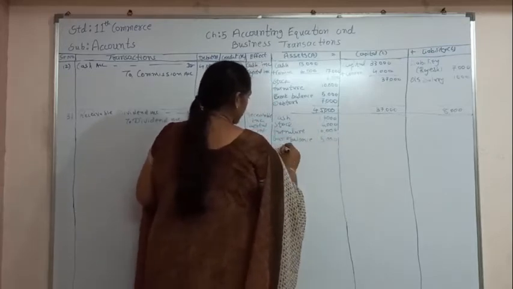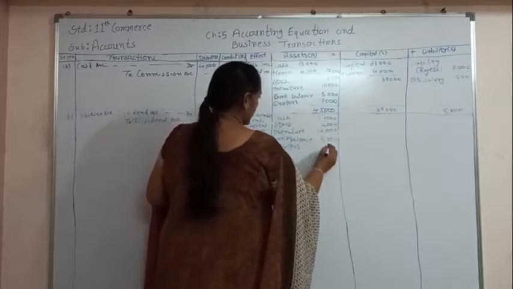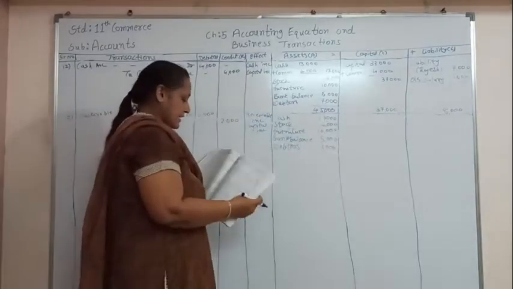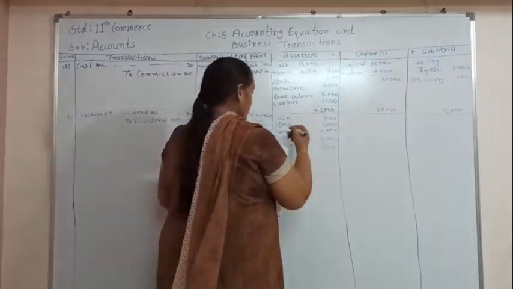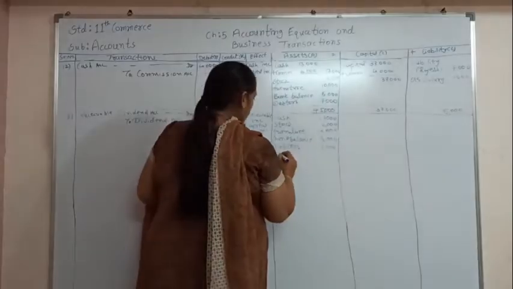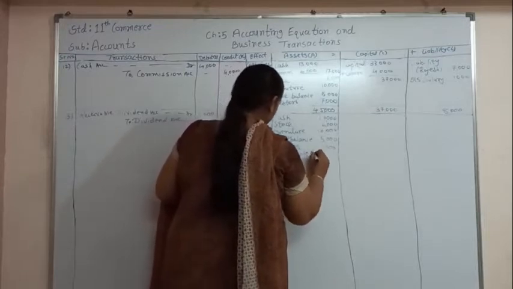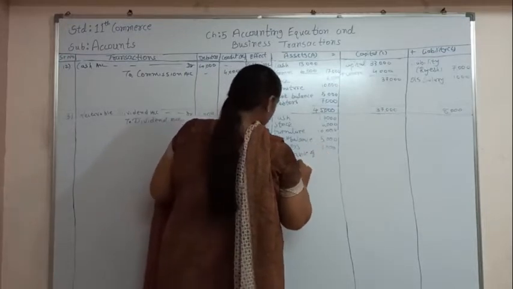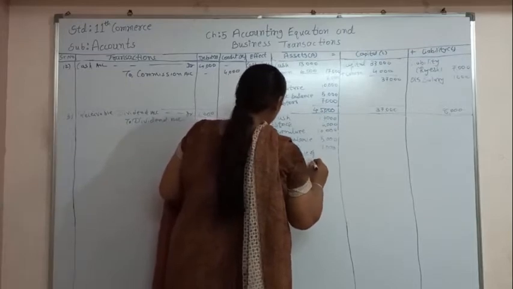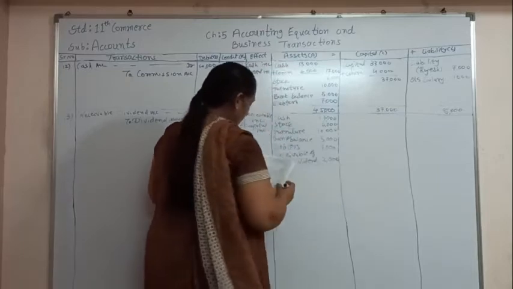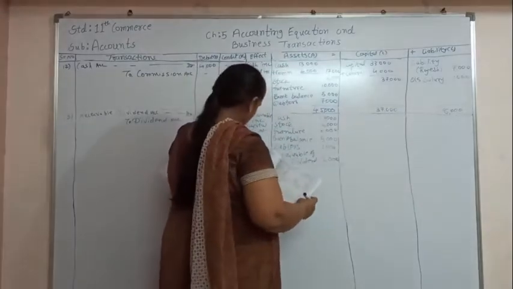Then debtors will be 7,000. So here we can see again we are going to write down the receivable of dividend, and it will be 2,000. So total will be 47,000.